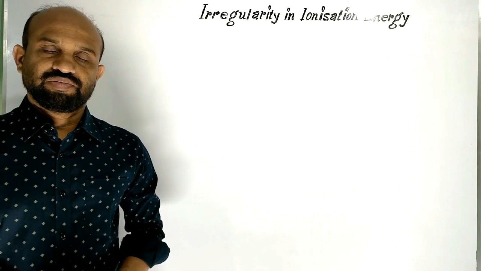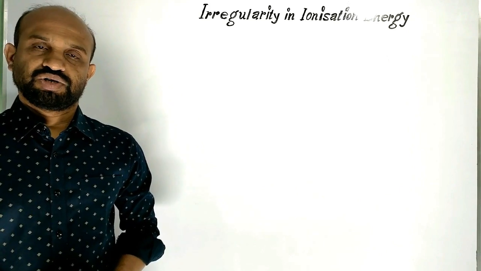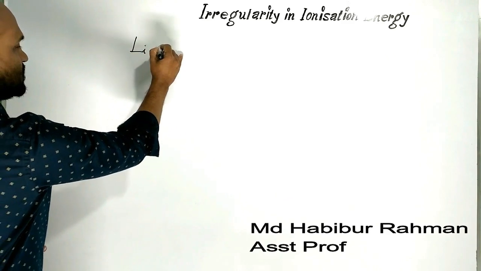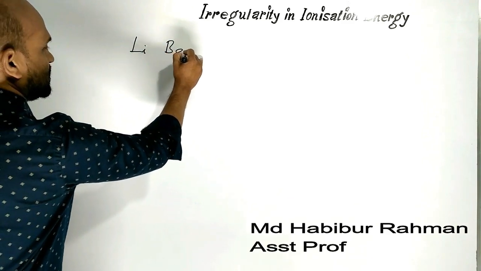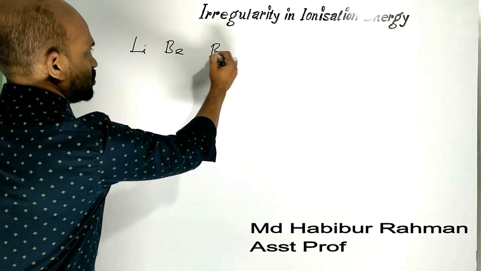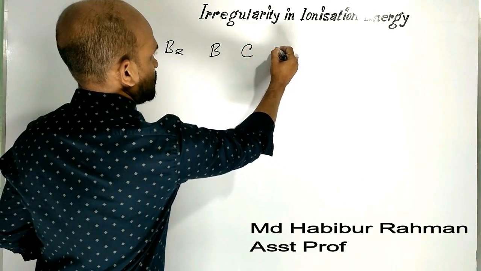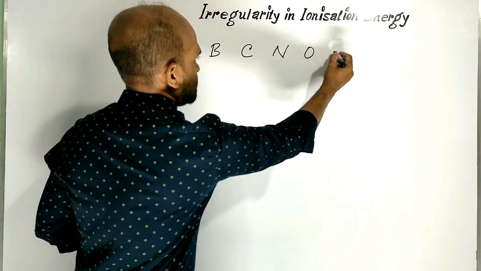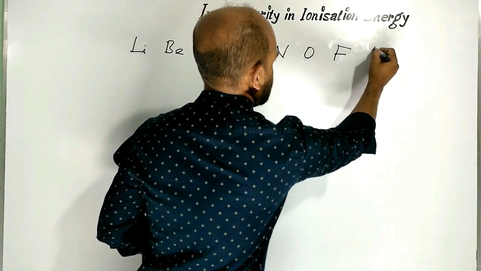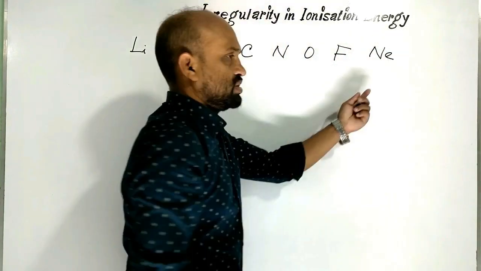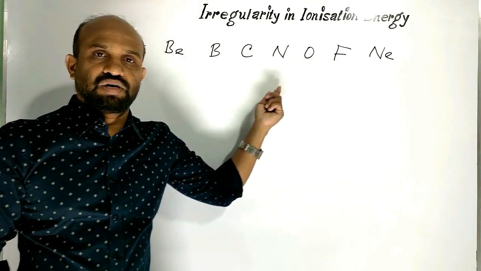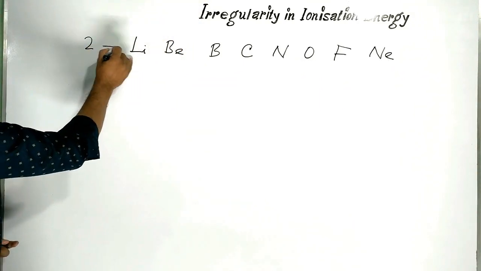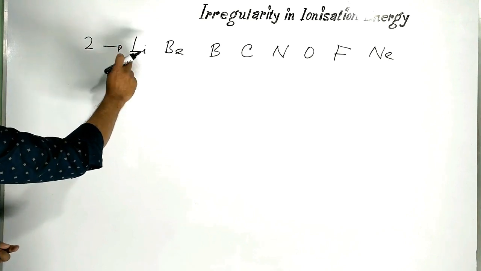Let us write elements that belong to period 2. Lithium, beryllium, boron, carbon, nitrogen, oxygen, fluorine, and finally neon. These are the elements that belong to period 2.